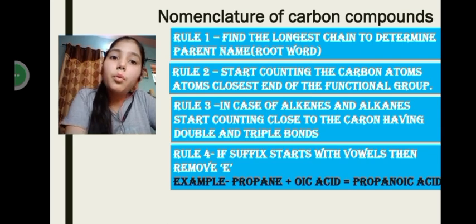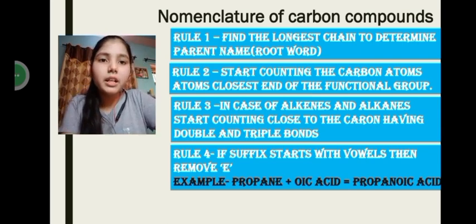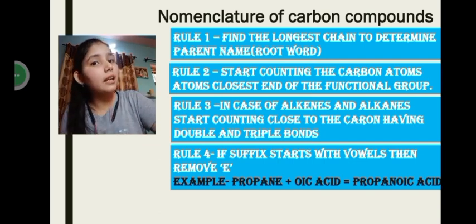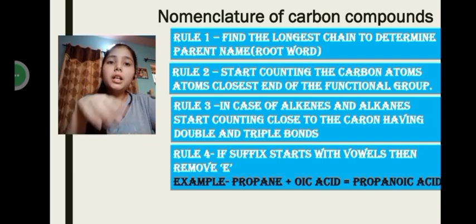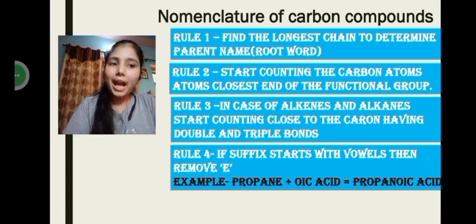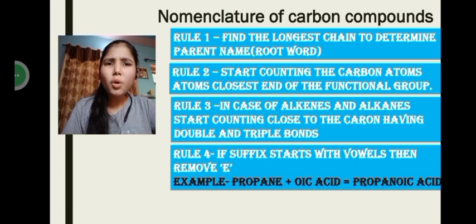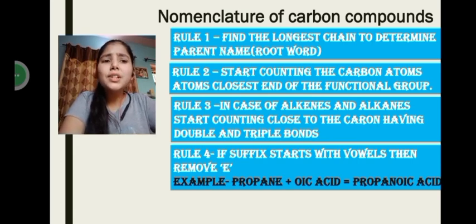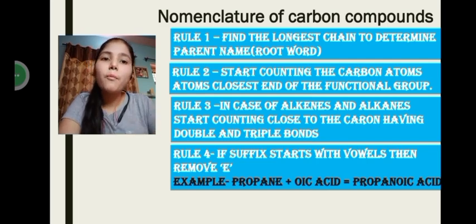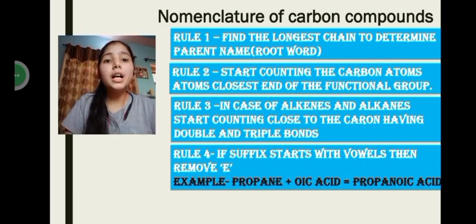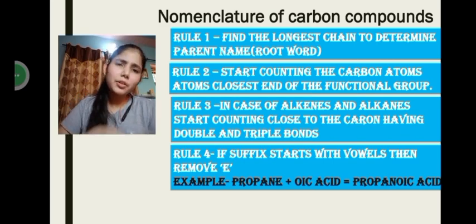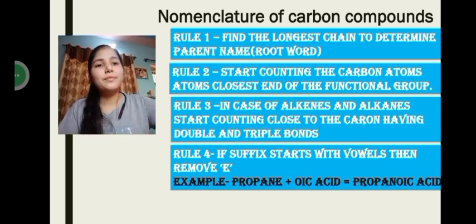Because e is one of the vowels, so it's a rule. If the suffix starts with a vowel, remove the e and put the other suffix on it. So propanoic acid. What is oic acid here? This is the functional group, and in another part of this video we are going to learn about the basic functional groups and how the word oic acid came. We are going to discuss that in another class.